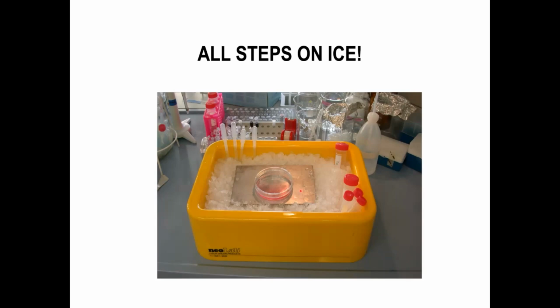So why do we work on ice? This is very crucial, because when you transfer the cells to very low temperatures, so that means when you chill them down to ice temperatures, metabolism in the cells is stopped, protein transport, vesicle transport is stopped, all metabolic activities are extremely slowed down.